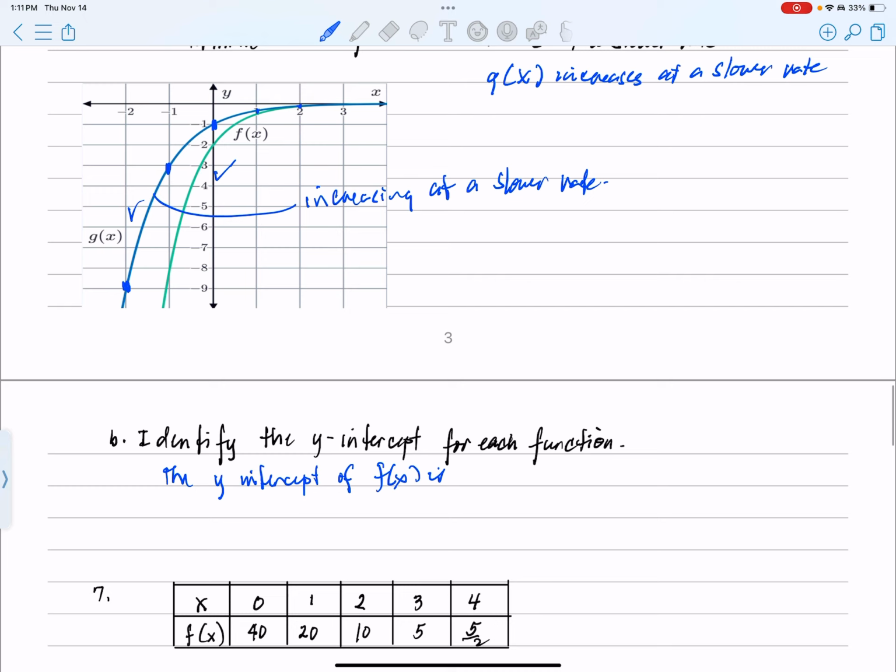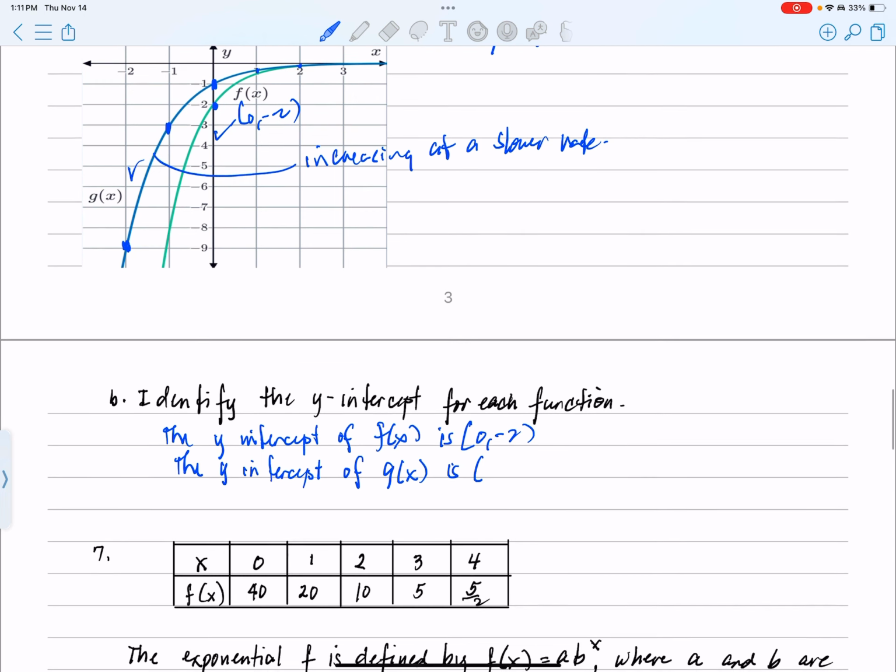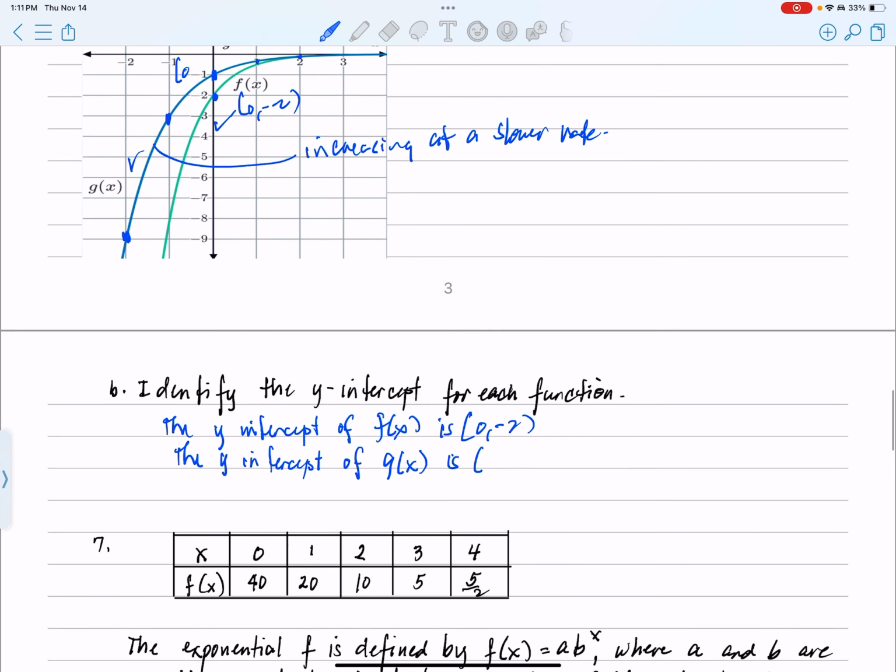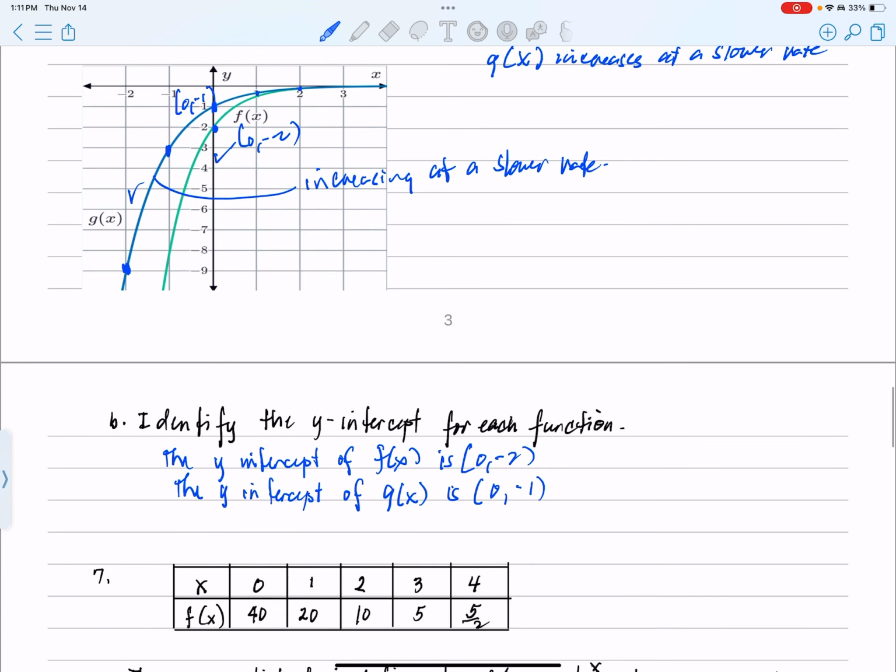So (0, negative 2) in the graph. Well, the y-intercept of g of x is at (0, negative 1) from the graph right there. All right.